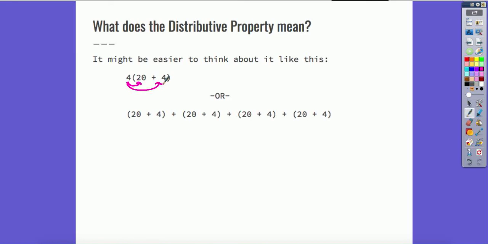Or for some of us it might be easier to think of 4 different pieces of 20 plus 4, because of the 4 out here that I would multiply. Remember that multiply means how many times you're chunking these things together and then adding. So I could take 20 plus 20 plus 20 plus 20, and then 4 plus 4 plus 4 plus 4, and add them together, and I would still get the same answer.